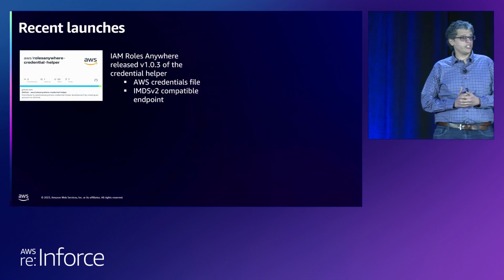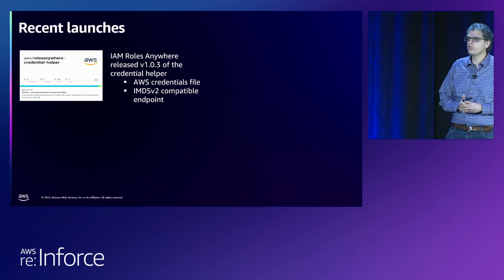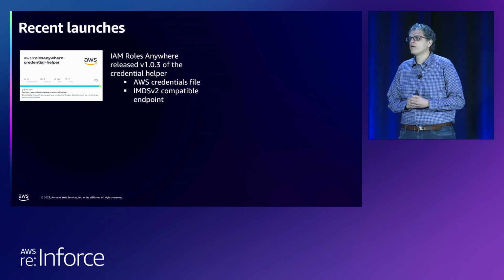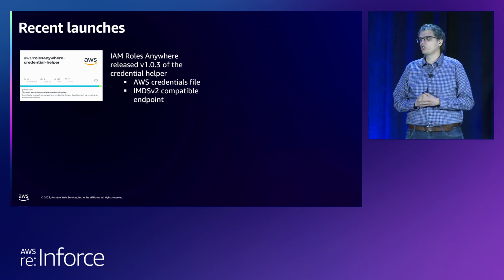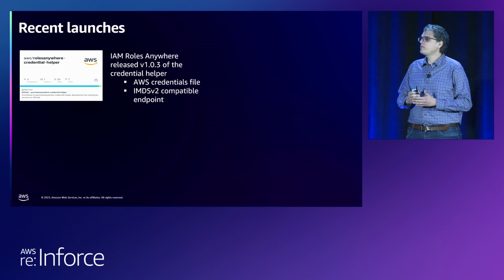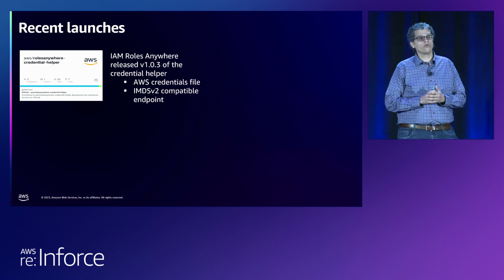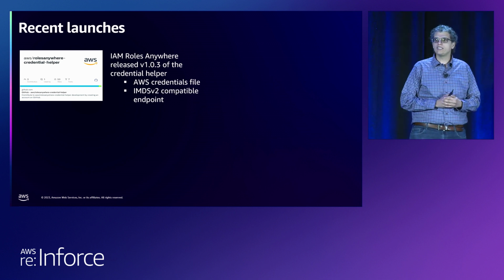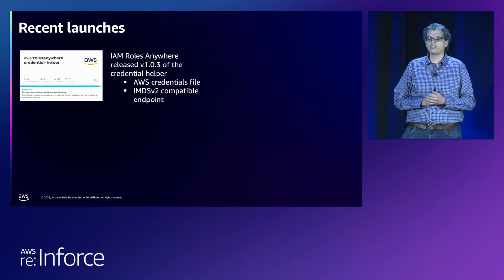So in December last year, we released version 1.0.3 of the Credential Helper that allows you to take advantage of IAM Roles Anywhere without the need to make any change to your application code. You can use the update command, where the Credential Helper will update and store the credentials that are vended into the AWS credential files, and the AWS SDK will automatically fetch those credentials from the standard credential files of AWS.